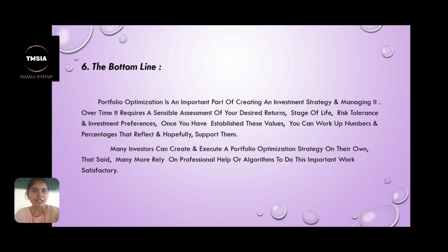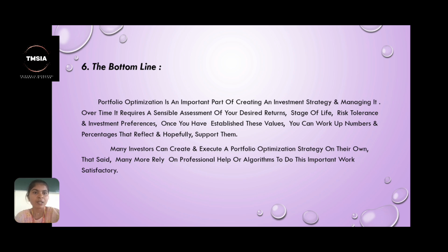Sixth strategy, the bottom line. Portfolio optimization is an important part of creating an investment strategy and managing it. Over time, it requires a sensible assessment of your desired returns, stage of life, risk tolerance and investment preference.